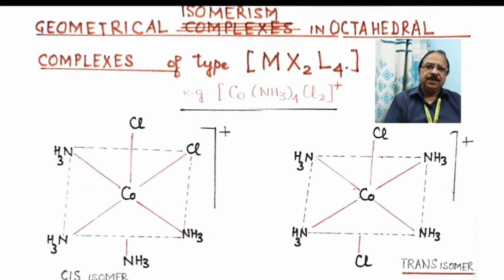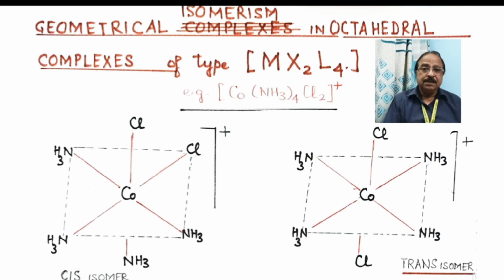So what example are we going to take? We are going to take an example of a cobalt complex. It is having four ammonia molecules as ligands and two chloride ions as ligands. Now let us look at the structure. Now you see, towards the four corners of a square, the four ligands are directed, and one ligand is present above the cobalt atom and one ligand is present below the cobalt atom.